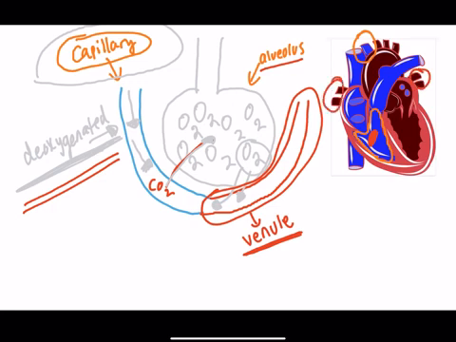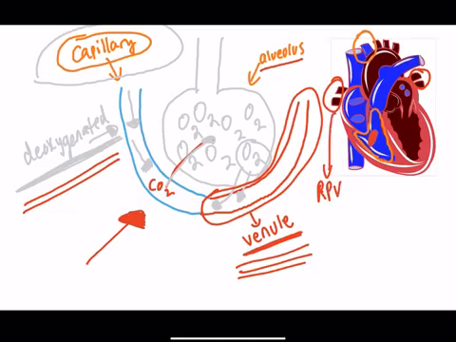veins of the heart. So if all of this gas diffusion and deoxygenated blood getting converted to oxygenated blood is happening in the right lung, then these venules will take that oxygenated blood and dump it into the two right pulmonary veins, because the right pulmonary veins are there to receive oxygenated blood from the venules of the right lung, and the left pulmonary veins are there to receive oxygenated blood from the venules of the left lung.